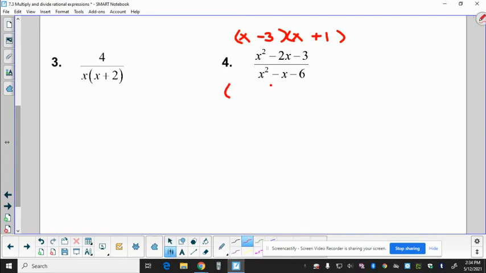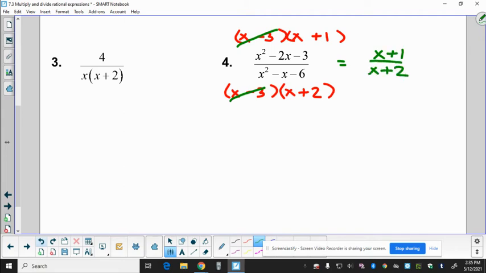And then down here, I think we're going to want this. No, no, no. That was a mistake, wasn't it? Okay, now, what cancels? All right, we're left with x plus 1 over x plus 2.